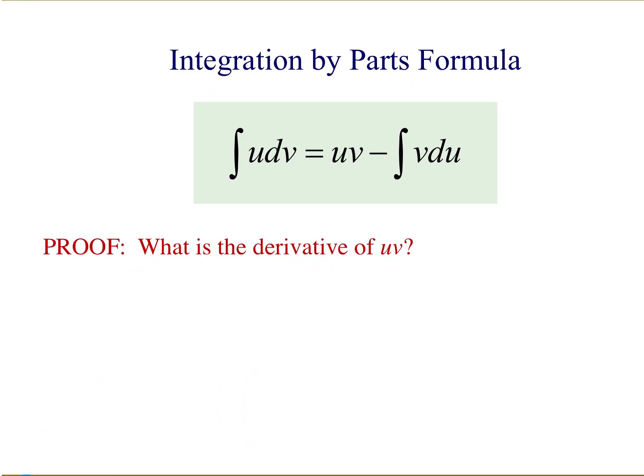This is the formula. It has a U and a V and a DU and a DV. And when we learned it for the first time, I gave you an organizer that you used to help keep everything straight. And we would put the U here, and we would put the DV here.